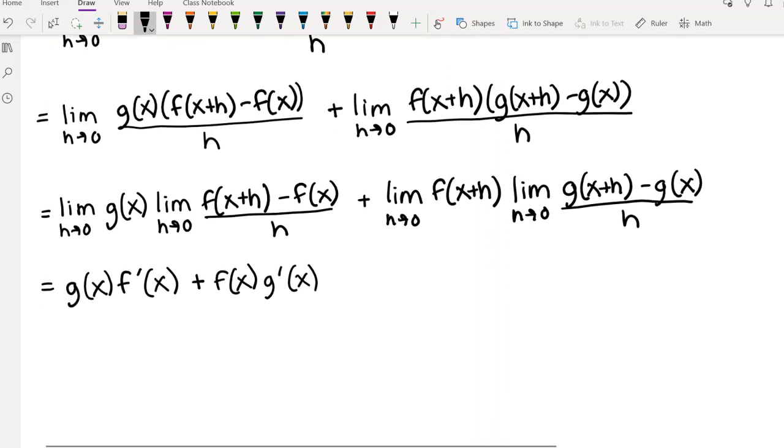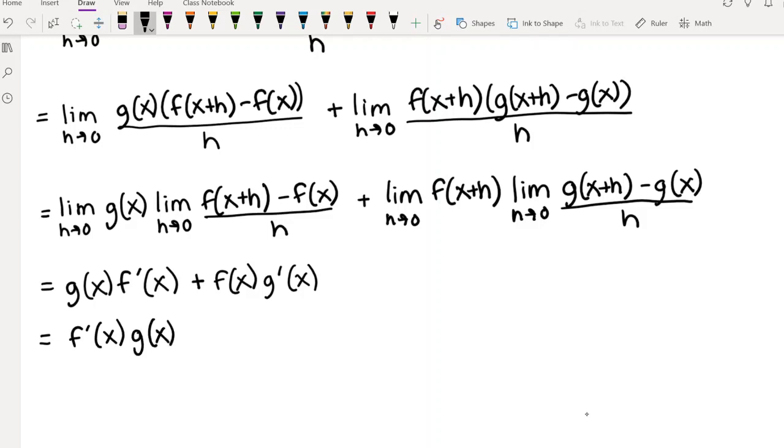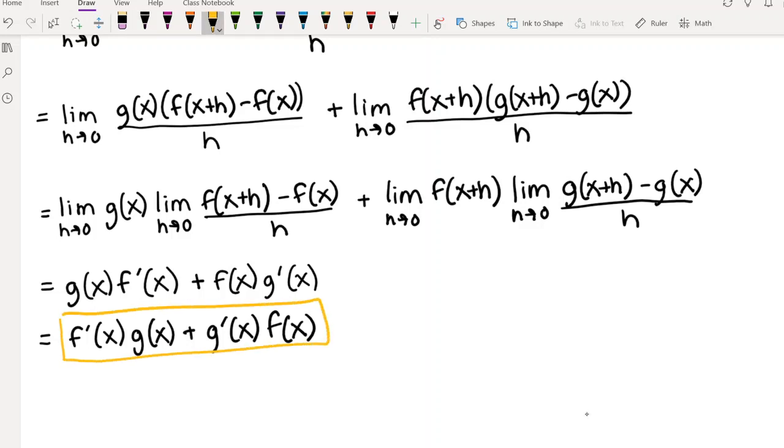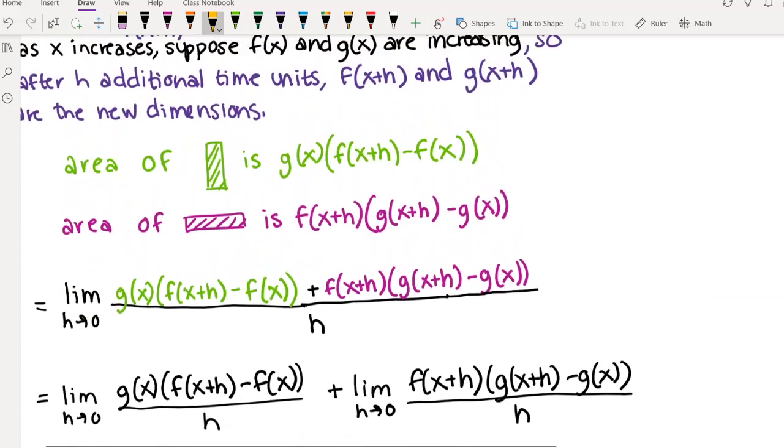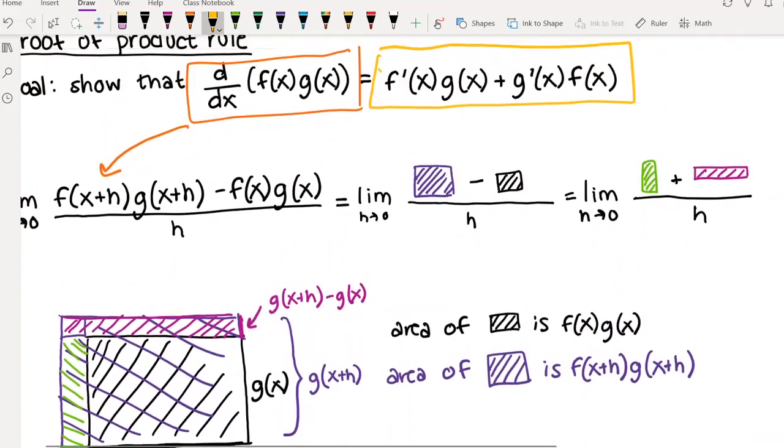And so it's written in a slightly different order. So maybe I'll just reorder this so that it looks more like what we had before. So f prime of x times g of x plus g prime of x times f of x. But this is exactly what we said at the beginning was the product rule, right? So what we came up with here matches with what we came up with up there.